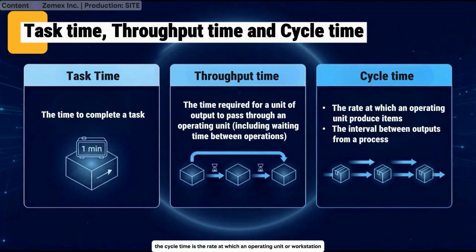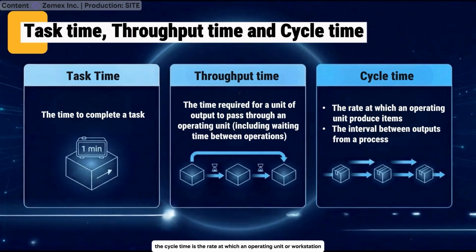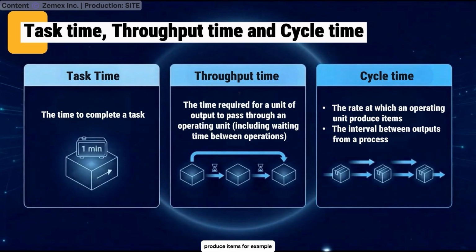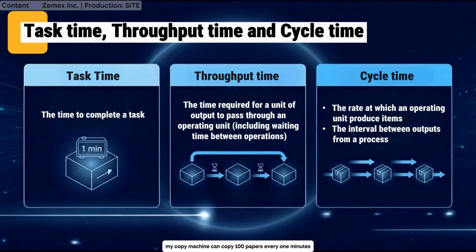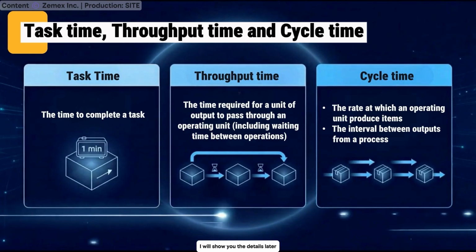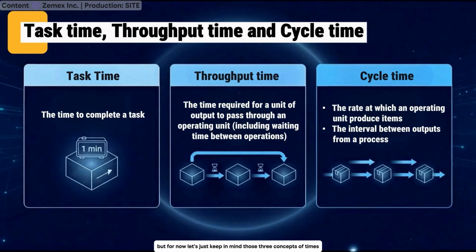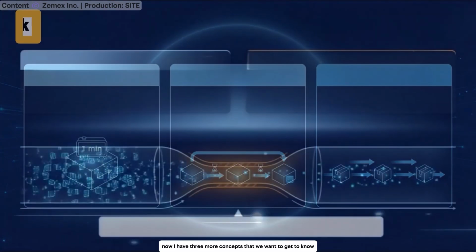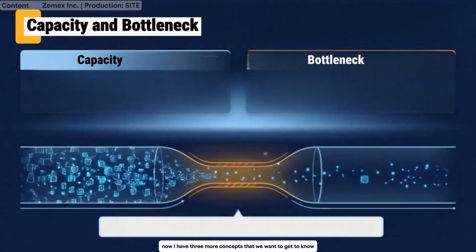In other words, the cycle time is the rate at which an operating unit or workstation produces items. For example, my copy machine can copy 100 papers every 1 minute, or my factory can produce 1 unit of new car every minute. I will show you the details later, but for now, let's just keep in mind those 3 concepts of times.